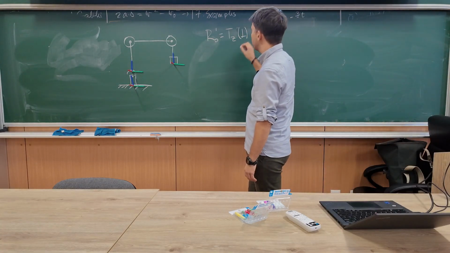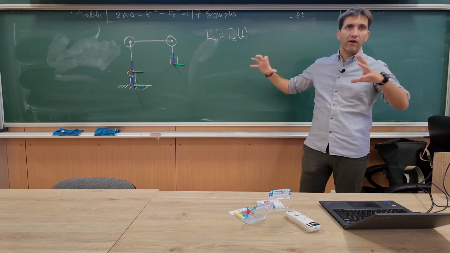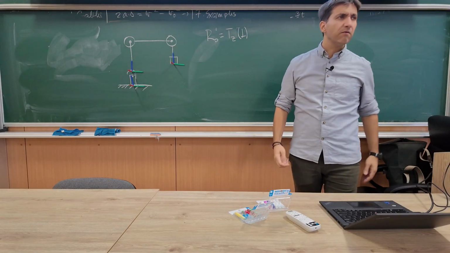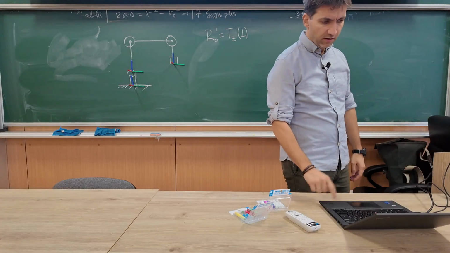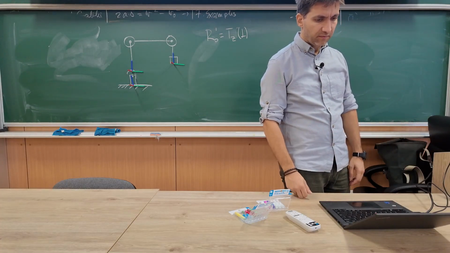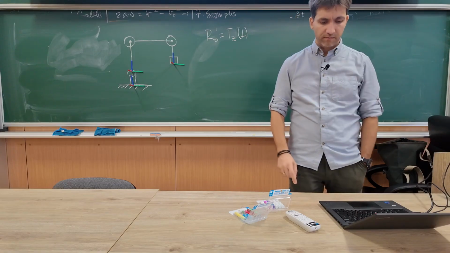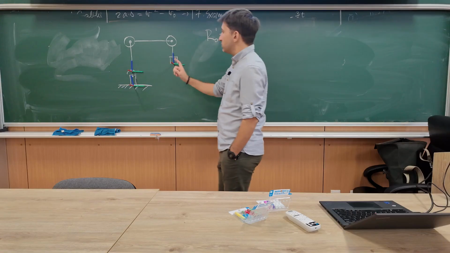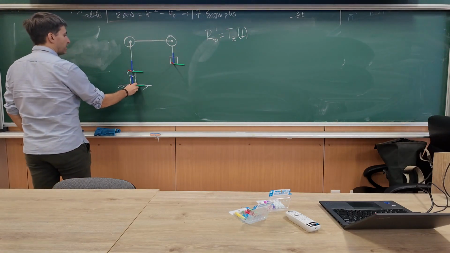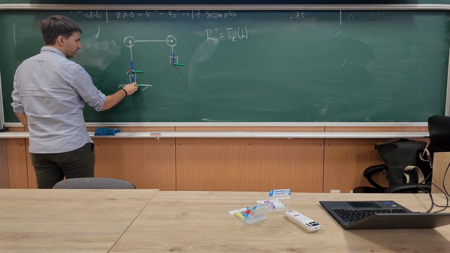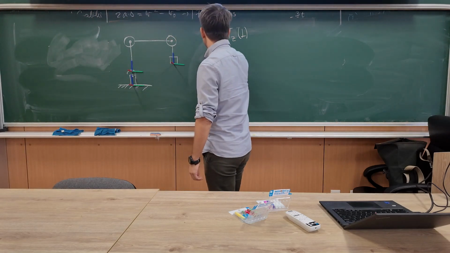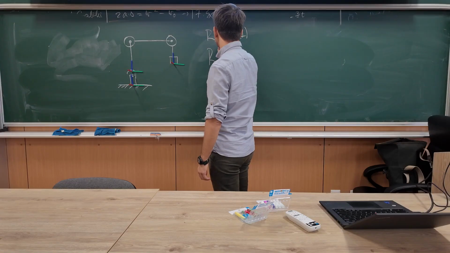Translation on Z by 1. I'm not going to write the full form of the matrix. I have it on the slides. You know the form. Actually, you can see it here. Then I have the second transformation, which would be the transformation from 1 to 2.